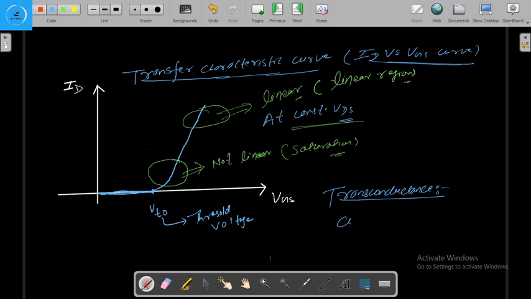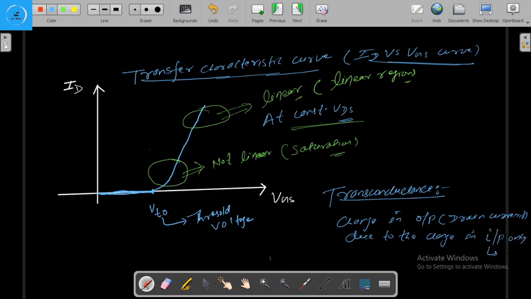It is the change in the output, what is the output here? The drain current, due to the change in input only.